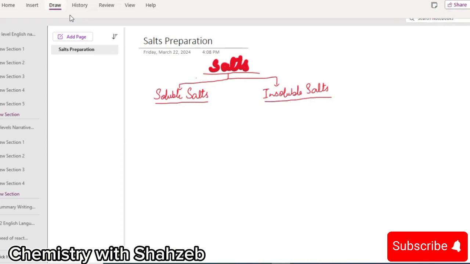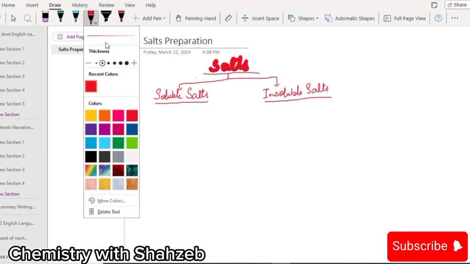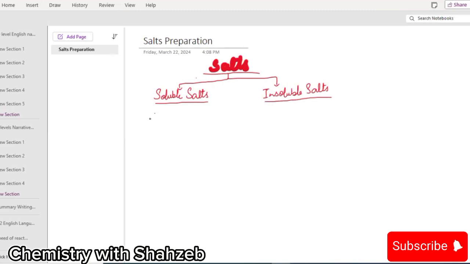There's a very simple way to memorize them. First of all, let's discuss soluble salts. Just remember this word, SPAN.